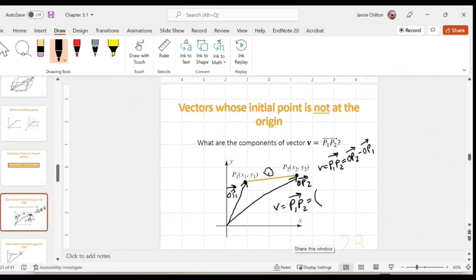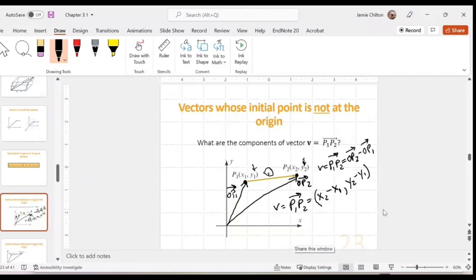You take the terminal point P2, so x2 minus x1 from our initial point. That would be the first component of our vector v. And then our next component would be y2 minus y1. Those are going to be the components for the vector v. Really, really easy.